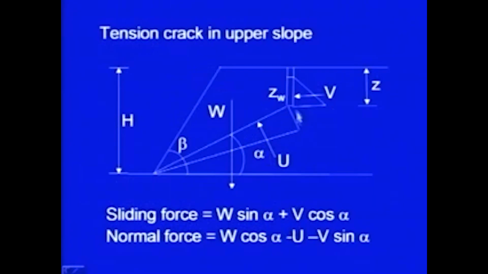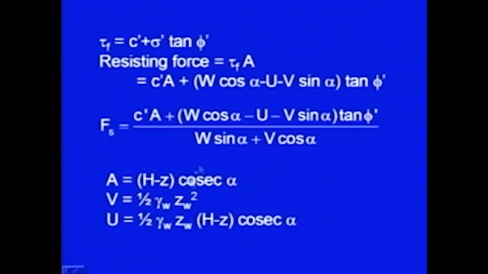It is nothing but the area of this triangle. This ordinate is equal to gamma w into z w, and this distance we have already got, h minus z cosec alpha, and half into this into this. So, finally, you get U equal to half gamma w z w h minus z cosec alpha.